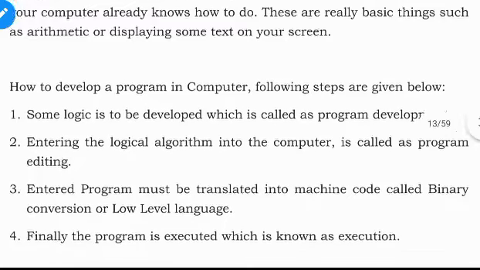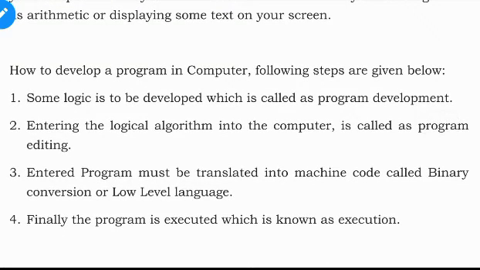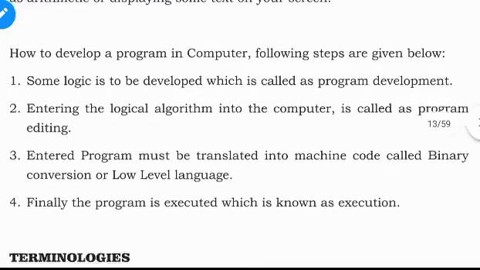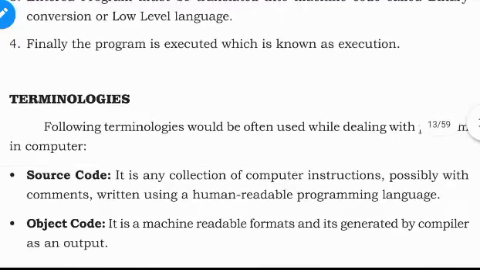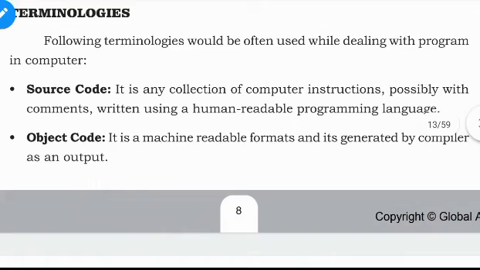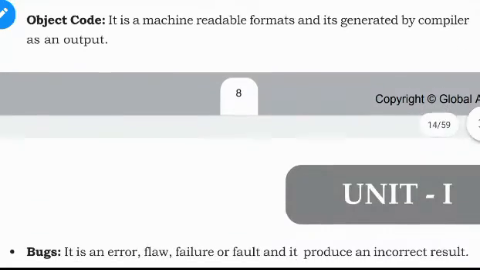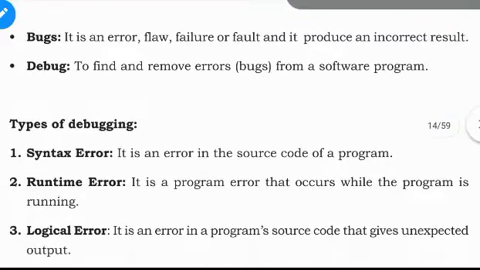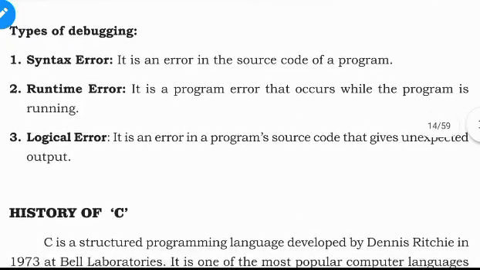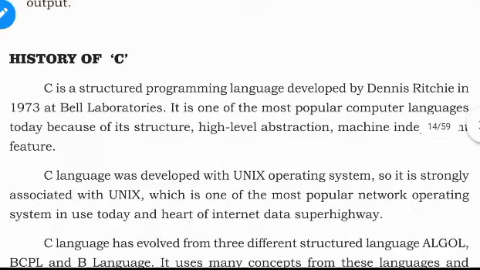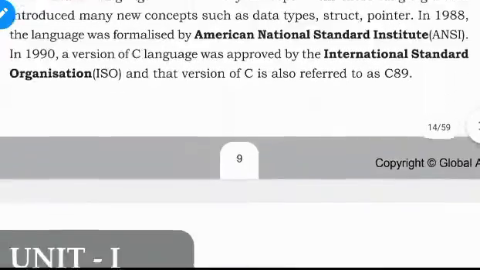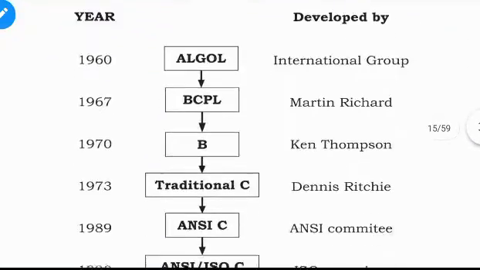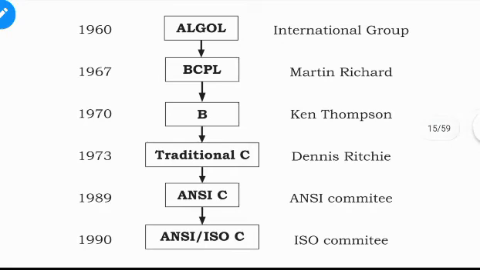Programming in a computer includes 4 steps: program development, program editing, translating into machine code, and execution. Then terminologies, we have seen 4 things: source code, object code, bugs and debugging. Then types of debugging, what are the 3? Syntax error, runtime error and logical error. Then history of C, this will be easy for you to remember, from 1960 to 1990, how the C language evolved.